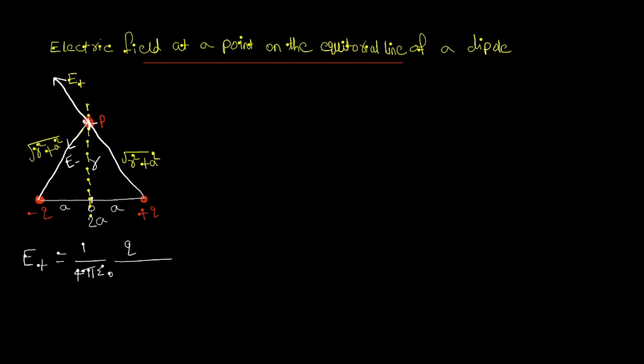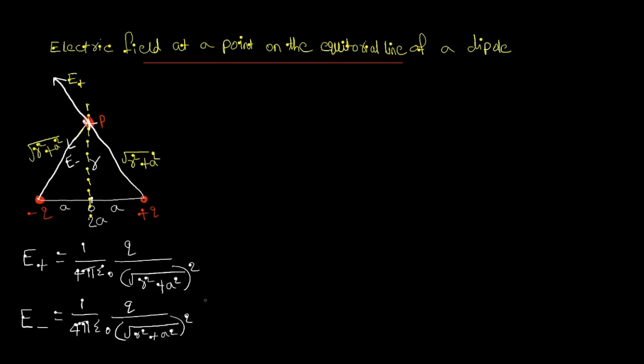Here the distance is root r square plus a square, so root r square plus a square, the whole square. Like that, the equation of electric field intensity E negative is equal to 1 by 4 pi epsilon 0 times Q divided by the distance square. Here the distance is root r square plus a square, the whole square.